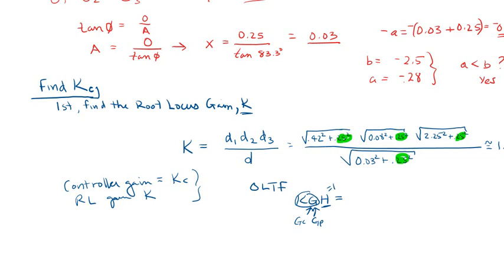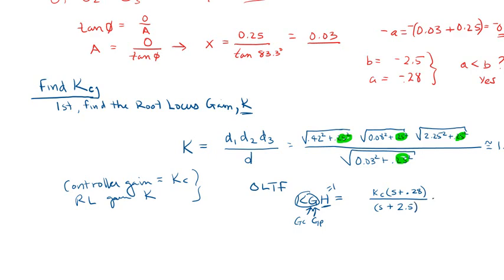So it's going to be, first of all, GC, that's going to be KC, S plus A, and we found out A was 0.28, with a zero at negative 0.28, over S plus B, and the pole is at negative 2.5, B is 2.5.